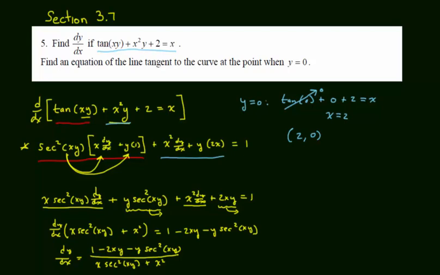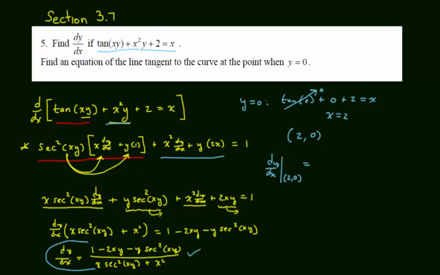Again, if this were a 25-point question, the light blue analysis leading to the point (2, 0) would be worth 5 points. The algebra down here would also be worth 5 points. So the last 5 points then is finding the equation of the tangent line. So I need dy/dx at the point (2, 0). So I'm going to plug that into my derivative, where 2 is for x and 0 is for y.